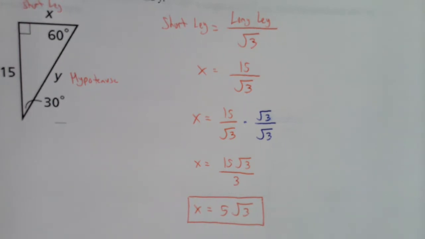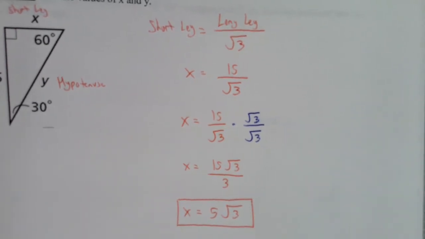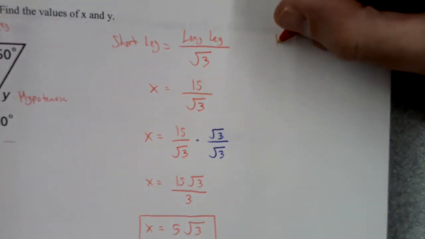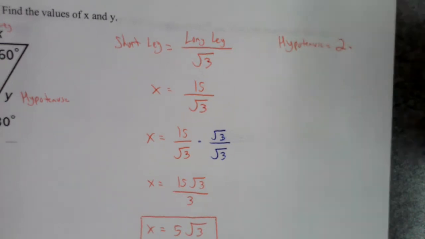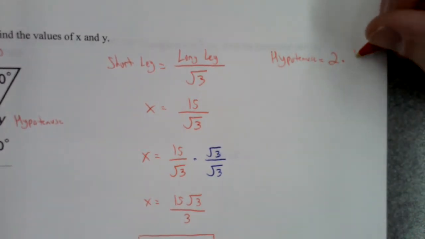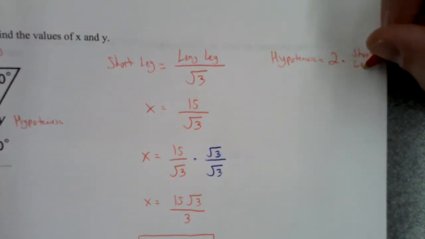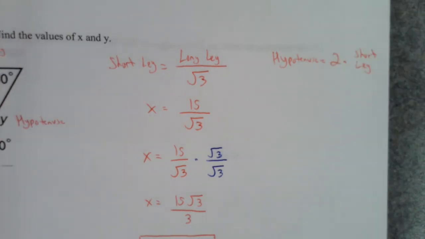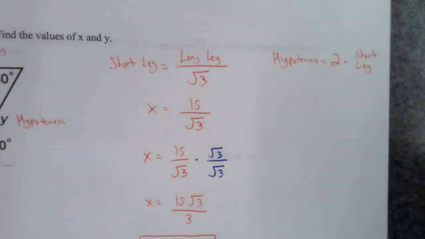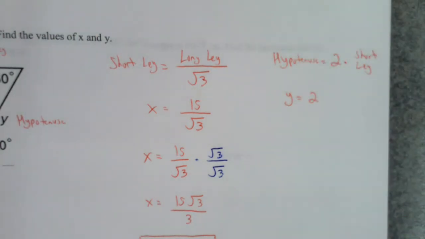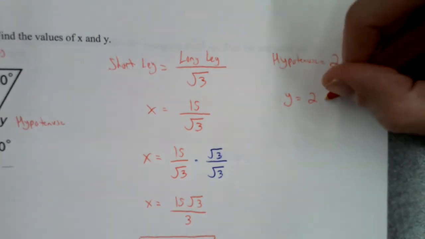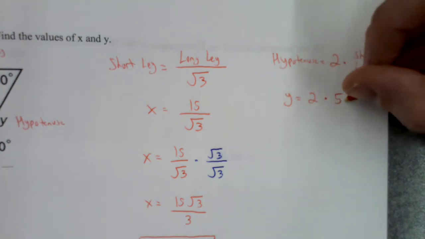Next, we have to solve for the hypotenuse, which is Y. And looking back at the previous page, there's 4 formulas. I am going to use this formula. Hypotenuse equals 2 times my short leg. So the hypotenuse is Y. Y is going to equal 2 times 5 square root of 3, because we just solved for that.